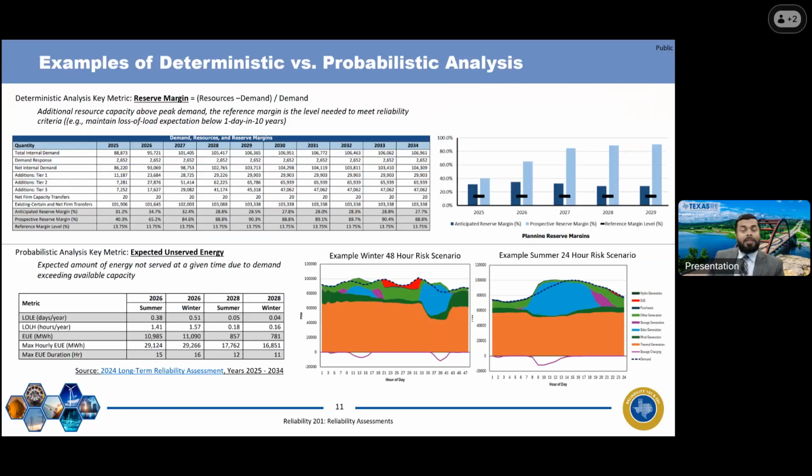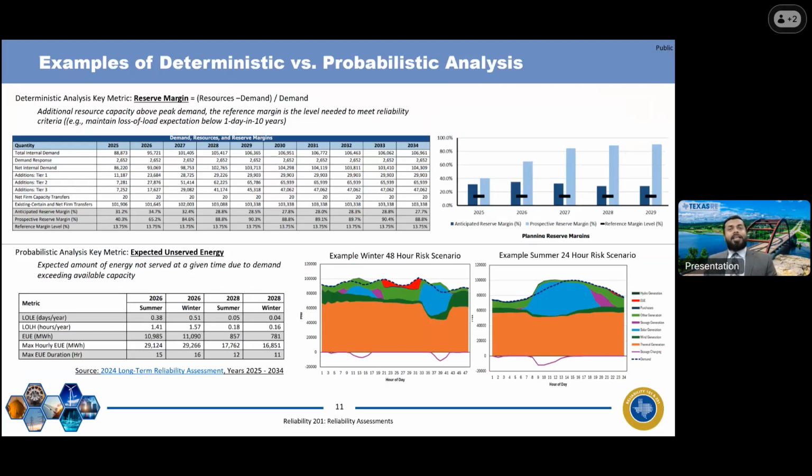As we mentioned in the previous slide, the analysis uses historical data such as extreme weather and generation outages, to name a few, in predicting the worst case scenarios during all hours of the year of the study. So in this example, in the year 2026, the winter and summer months were showing the EUE probability based on the data we had at the time.